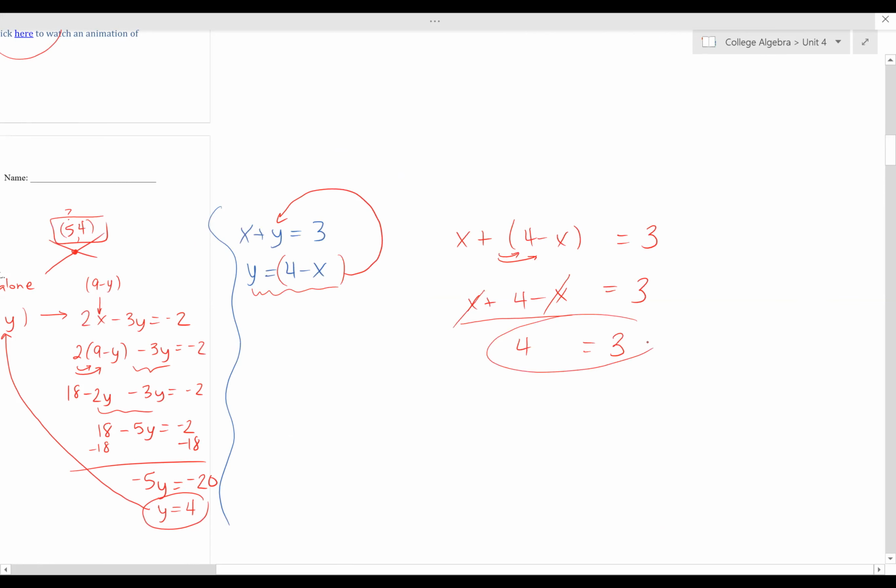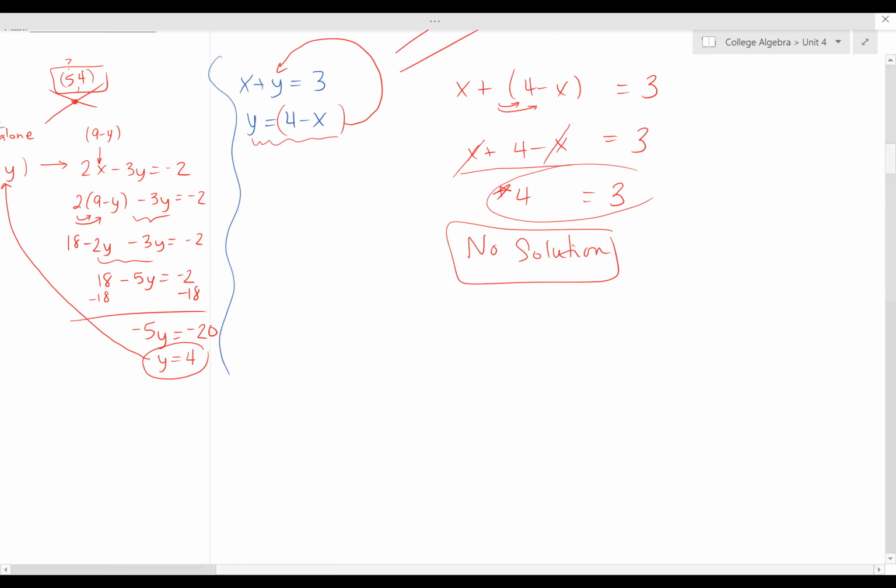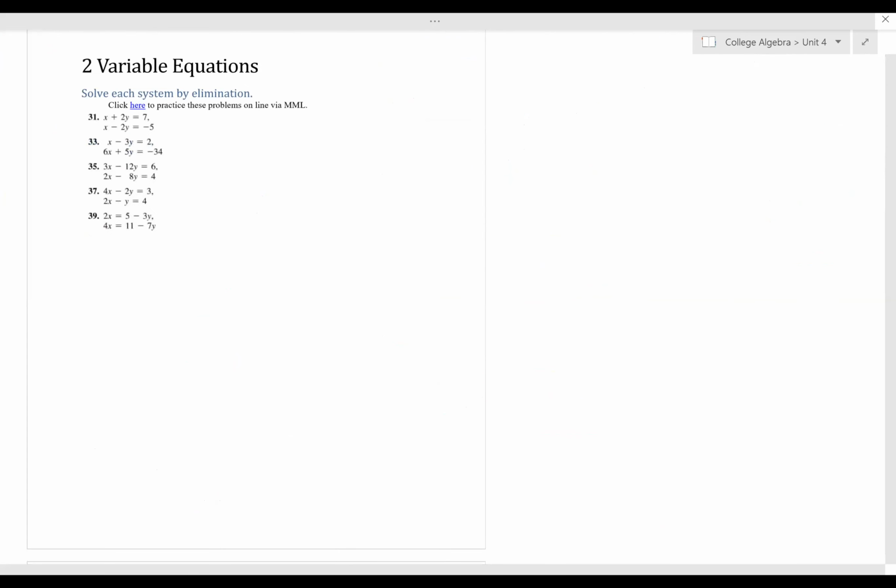Since this is not a true answer, 4 does not equal 3, this is a case of no solution. So this system would be parallel lines. They have no points of intersection in common. So if your letters cancel and the result is two numbers that aren't the same, that's a system with no solutions.